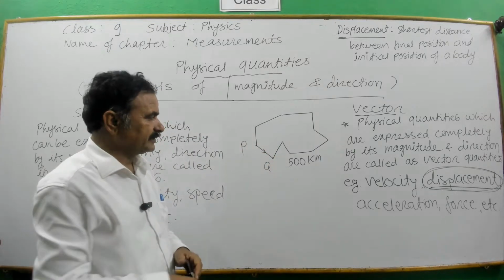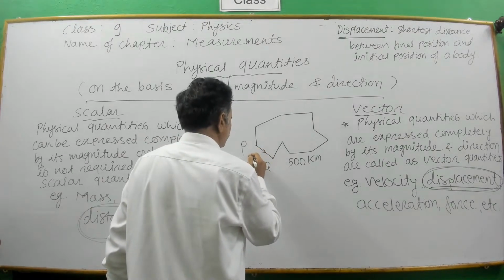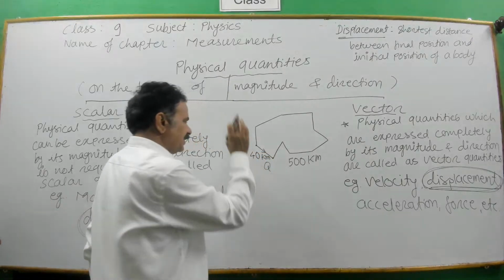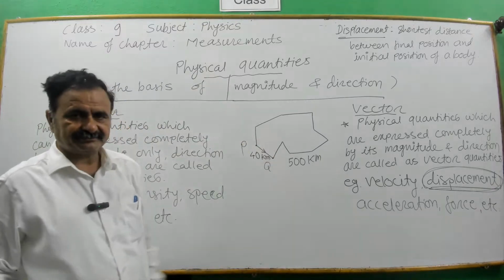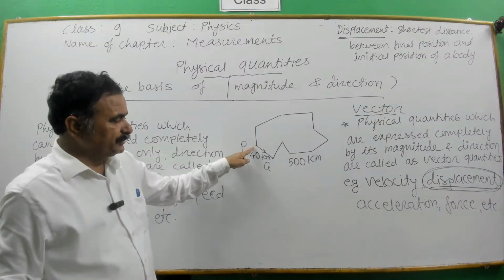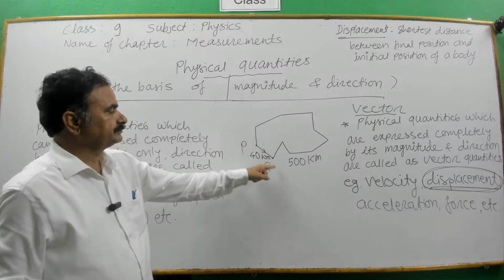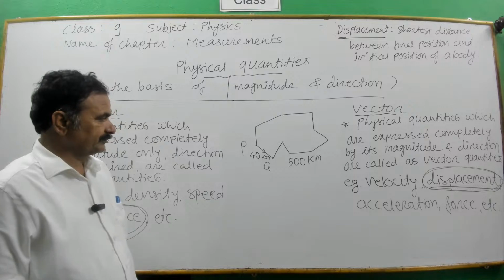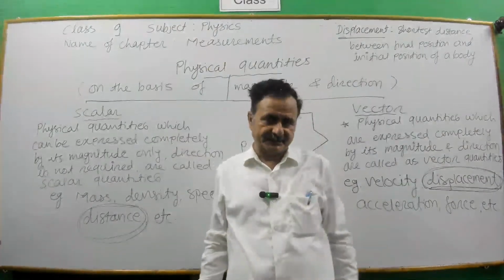अब यहां पर मैग्नीट्यूड भी है. मैग्नीट्यूड मीन्स हाउ मच, मान के चलिए कि ये है 40 किलोमीटर. मैग्नीट्यूड कितना है बच्चों? 40 किलोमीटर in a particular direction. When I move 40 kilometers from P to Q in a particular direction only, then I can achieve the minimum distance between P and Q. So to obtain that shortest distance, we have to move in a particular direction.